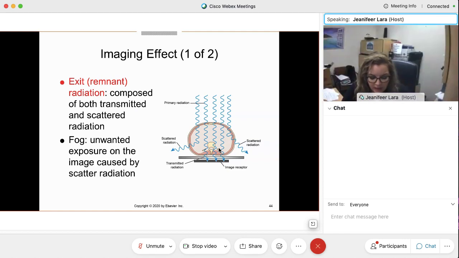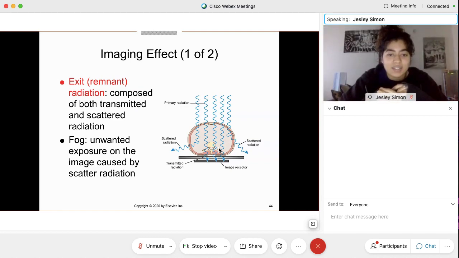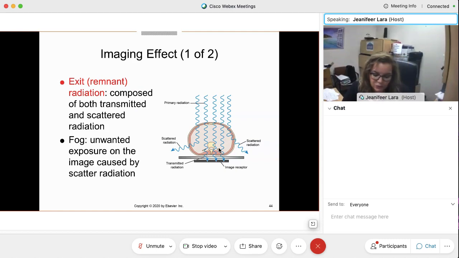If you take a look at the diagram and you incorporate everything that we just talked about, tissue density absorbing X-rays at a different rate, tissue thickness attenuating X-rays at a different rate, atomic number of the tissue attenuating X-rays at a different rate.